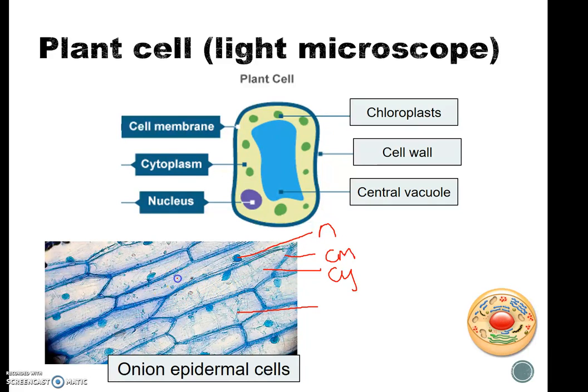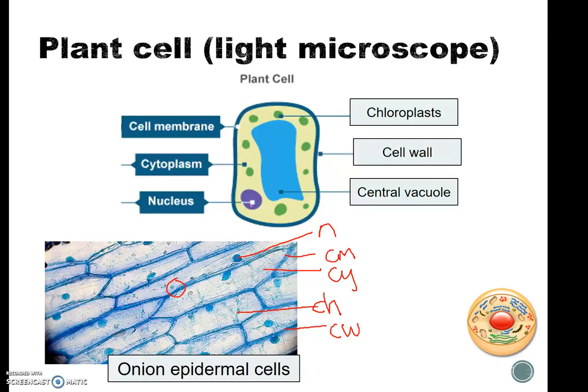Chloroplast, there's another one here. Your chloroplast. You will find your cell wall, which are these thick structures surrounding the cell. And you also find the central vacuole, which is right in the middle of the cell. You can't really see it in this picture, but it would be in the middle of the cell.